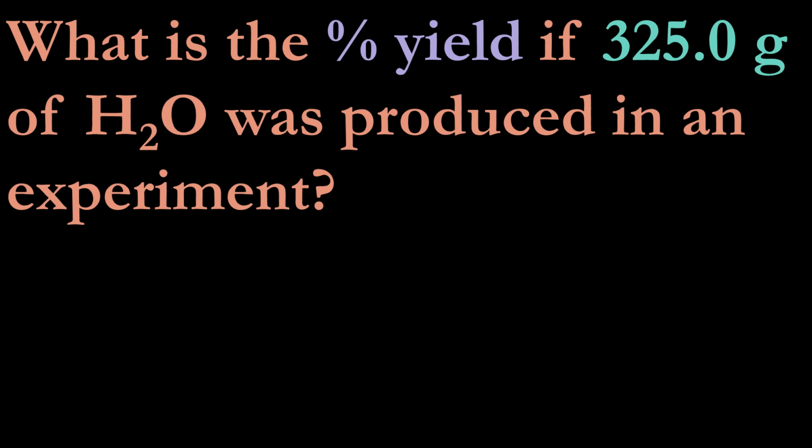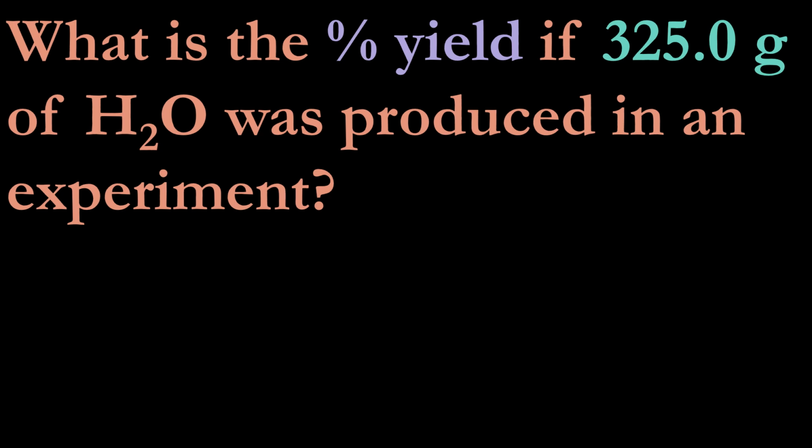Another question you might be asked is, what is the percent yield of one of the products that's produced? Remember, the percent yield is an experimental number divided by a theoretical number times 100. We've already calculated the theoretical yield on the previous slide.